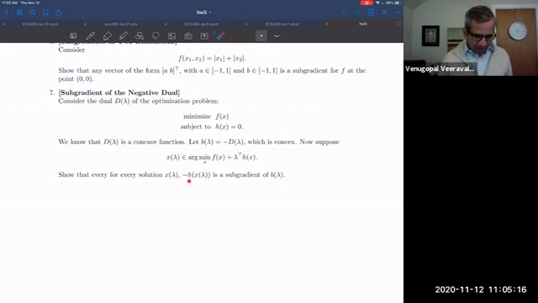In fact, you can show that minus h of x of lambda is a candidate for a subgradient, but there could be multiple solutions, so there could be multiple candidates for a subgradient, which means that the gradient of d at some lambda may not exist. It's actually very easy to show that minus h of x of lambda is a subgradient for minus d of lambda. It's much easier than the proof that we did in class when we assumed that d of lambda was differentiable.